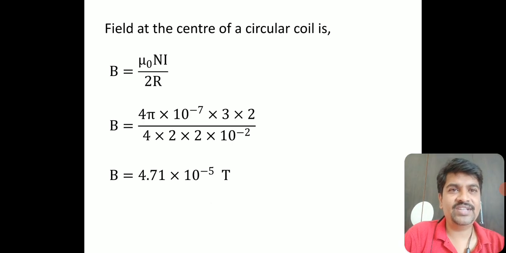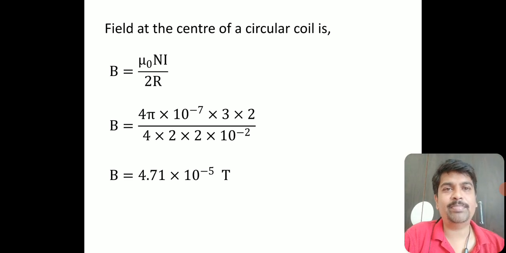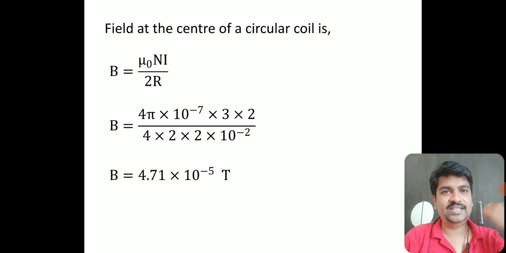With a very simple equation, you can calculate the magnetic field at the center of the coil, and it is found to be 4.71 into 10 to the power of minus 5 Tesla. You can express this in terms of micro Tesla as well. It is 47.1 micro Tesla.